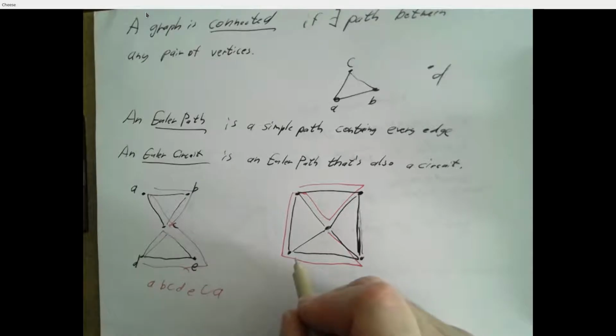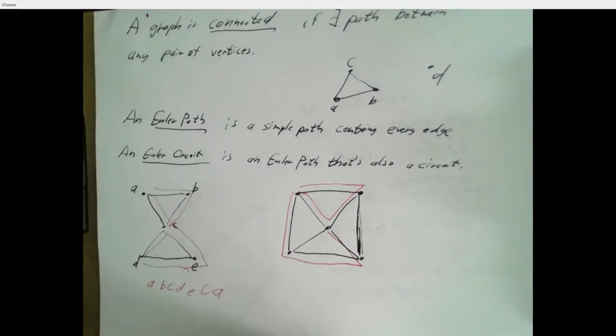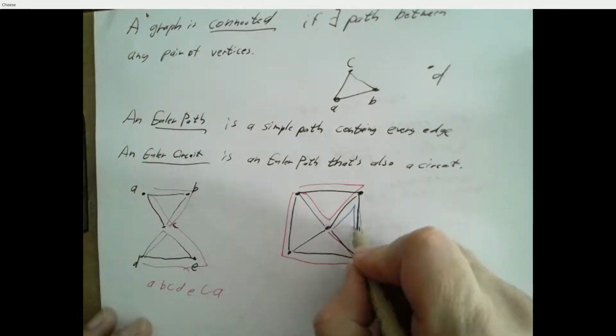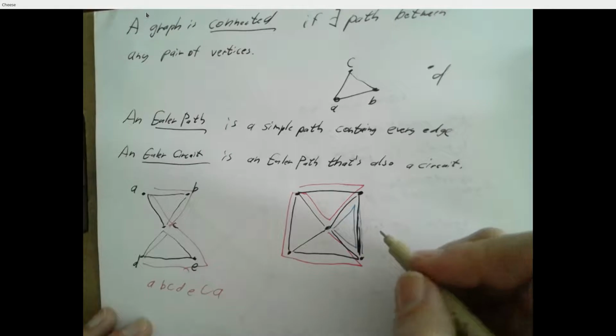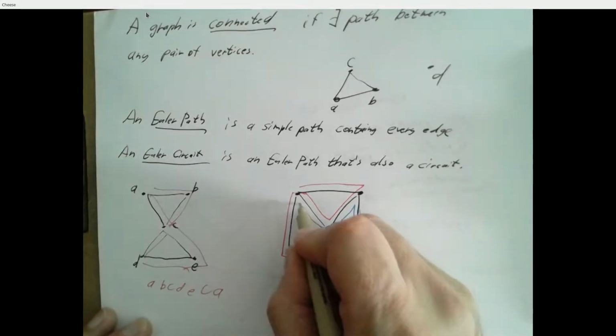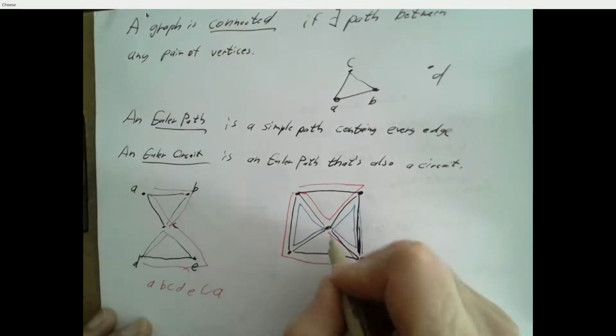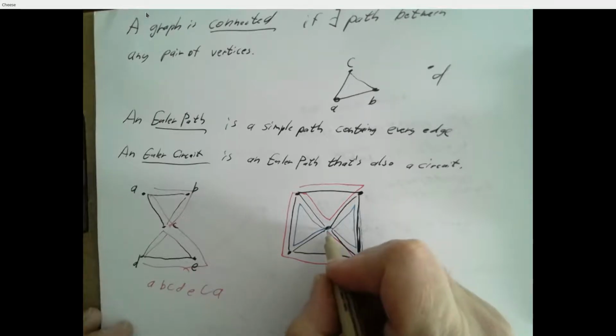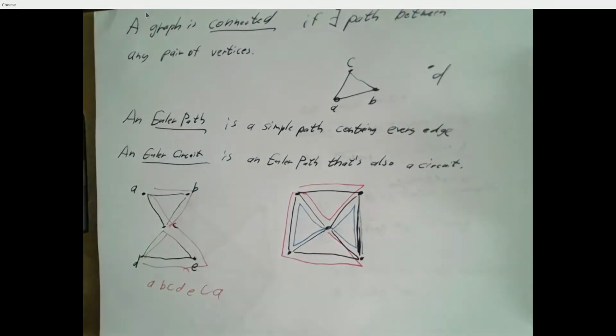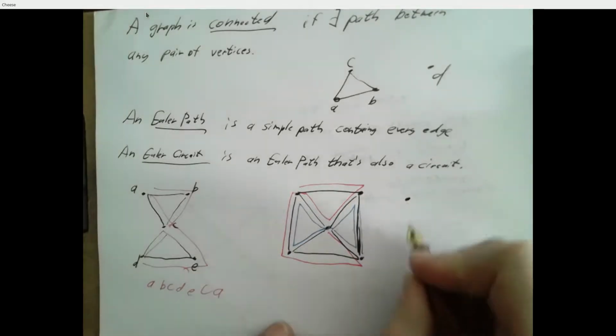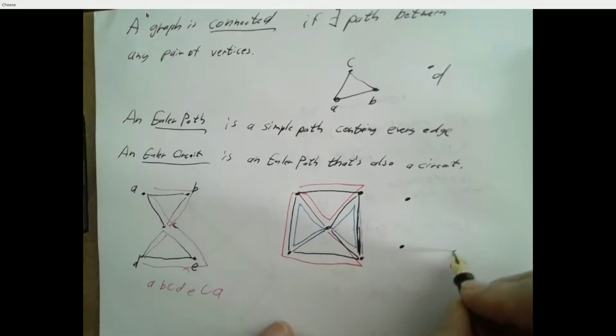You can try this on your own, but it's pretty hard to envision a way to hit every edge. We can start in the middle and do that, and then come up here and get that, but we can't really go anywhere from here because we've used all the edges coming out of that vertex. So this one has no Euler path, and so it also has no Euler circuit. The circuit's also a path. All right, so here's a third one.